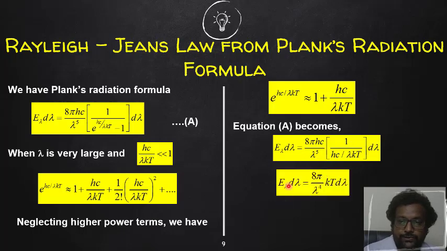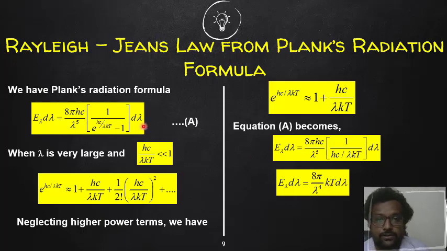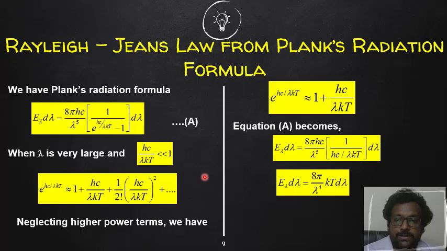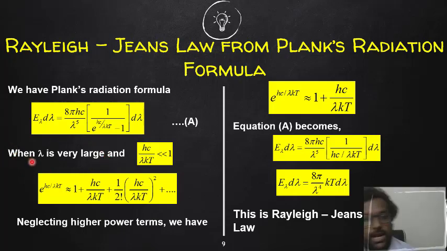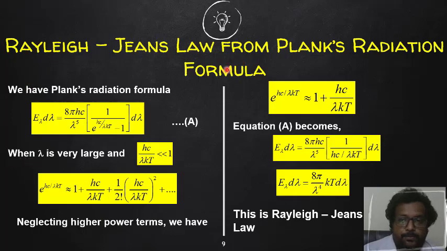If you solve it, you get E lambda d lambda equal to 8 pi kT by lambda to the power 4 d lambda. This is nothing but our Rayleigh-Jeans law. So the Rayleigh-Jeans law is basically applicable when we consider lambda very high. You can say that for higher values of wavelength, the Planck radiation law agrees with the Rayleigh-Jeans law.